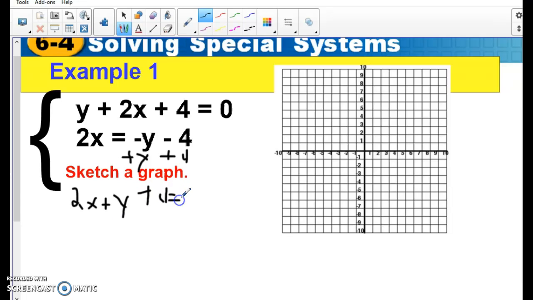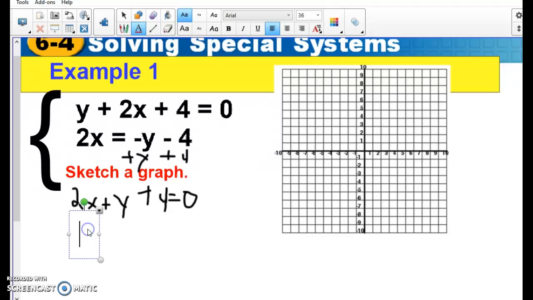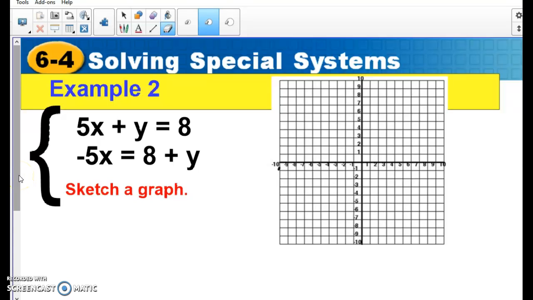And this one's a little bit different because it's a little out of order, but we can hopefully tell I have a positive 2x, a positive 2x, a positive y, a positive y, a positive 4, and a positive 4. So if I wanted to graph these, they would be the exact same. So this is going to be one of those that has many solutions, or all solutions, whatever you want to write.